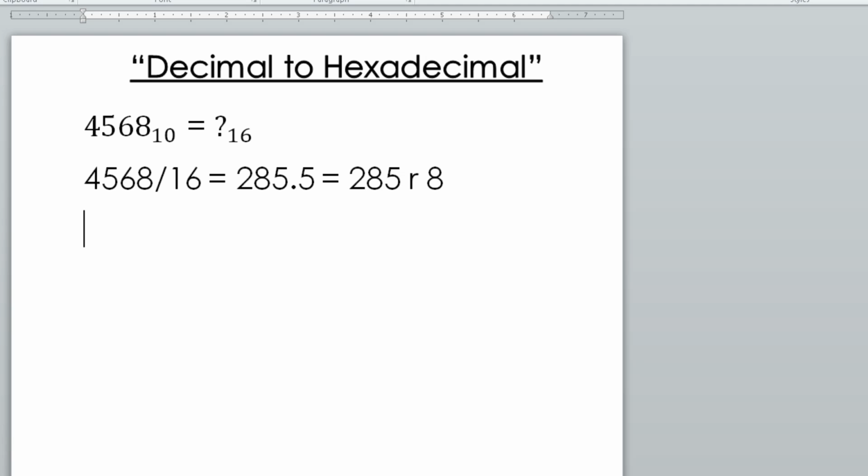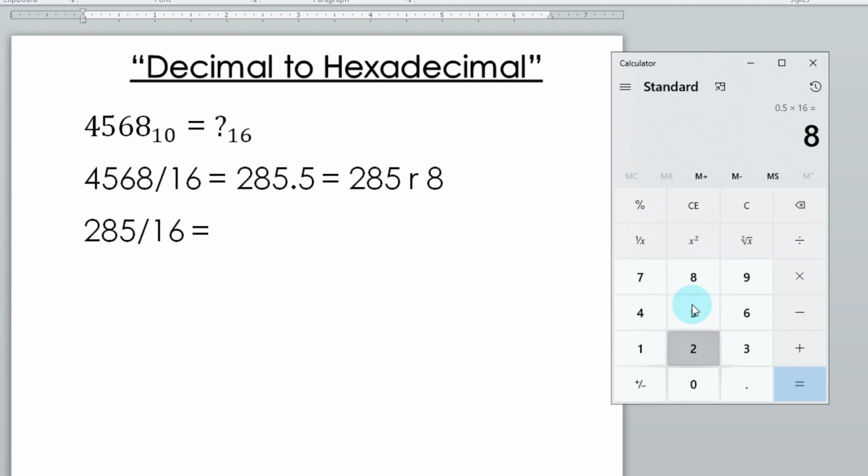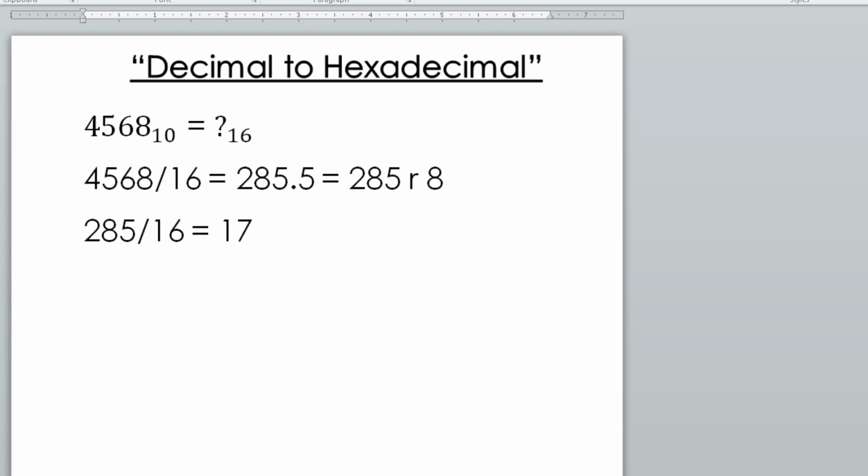The next thing we are going to do is use this new whole number and divide it by 16. 285 divided by 16 is 17.8125.